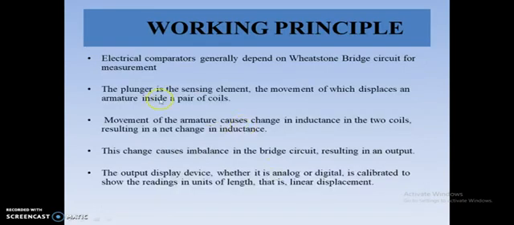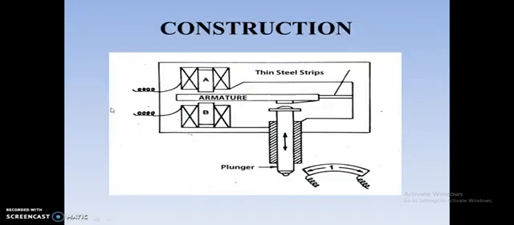Now the plunger is the sensing element in an electrical comparator. Apart from the electrical part, we have a mechanical part. The mechanical part consists of the sensing element, which is the plunger, the movement of which displaces an armature inside a pair of coils. You can see the movement of the plunger here.